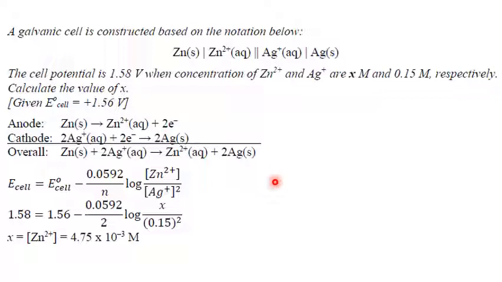You can also get these from the overall equation before you start to substitute. So the conclusion, x equals Zn2+ equals this amount of molarity. Always remember, must write down the final unit.